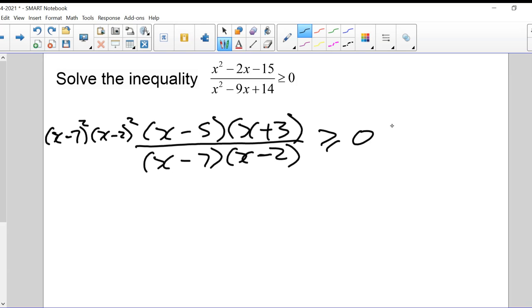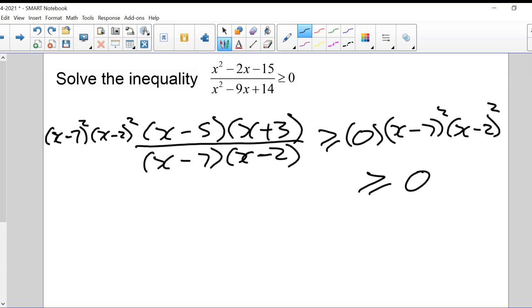Multiply it by x minus 7 squared, x minus 2 squared. Now remember, what we're multiplying can never be negative. No way, no how, cannot happen, right? So what that means is that I'm going to just end up with a 0 on this side.